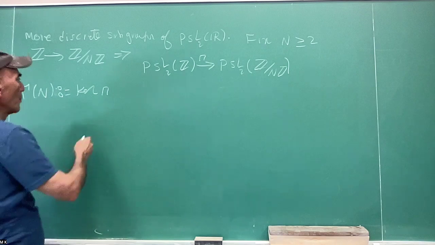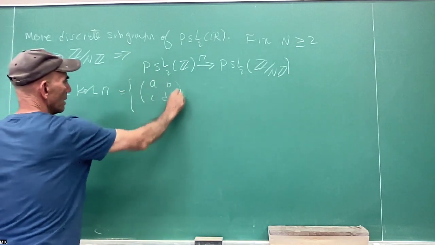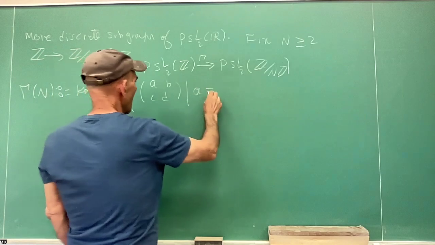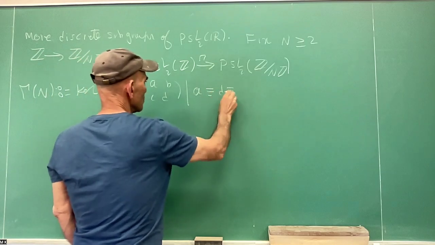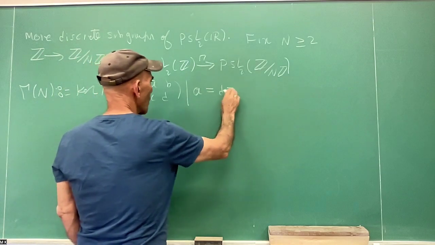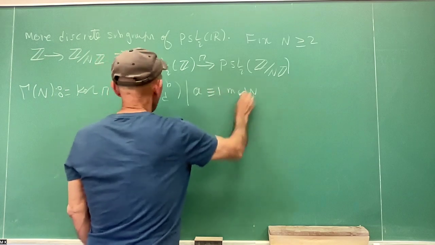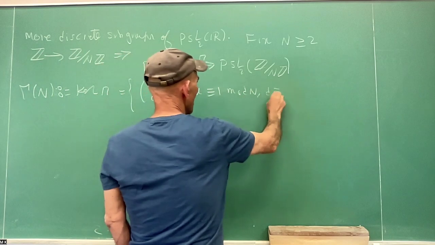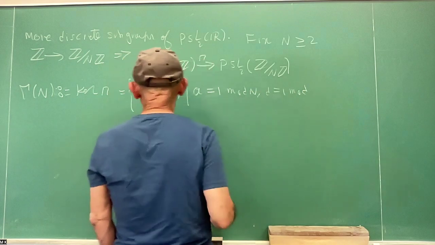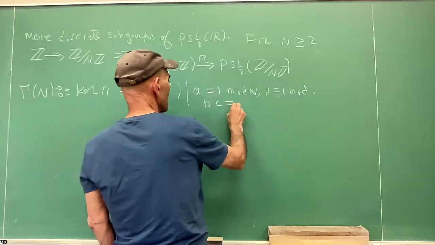It's a normal subgroup, which you can say is the set of all matrices (A B; C D) such that A and D are congruent to 1 mod n. I think 1 is enough. And B and C are congruent to 0 mod n, obviously.